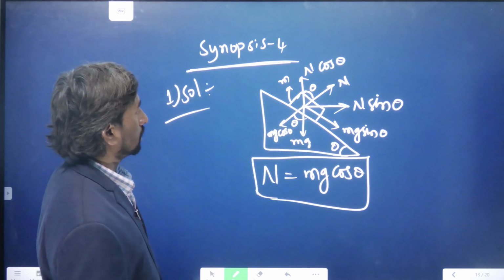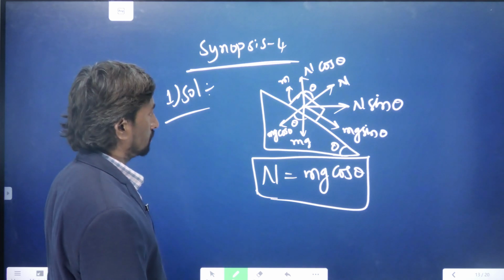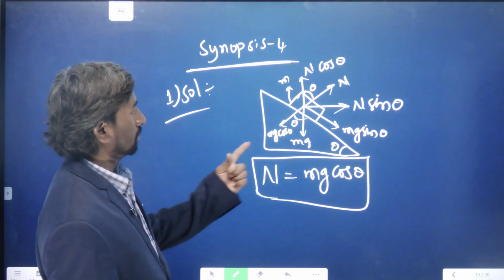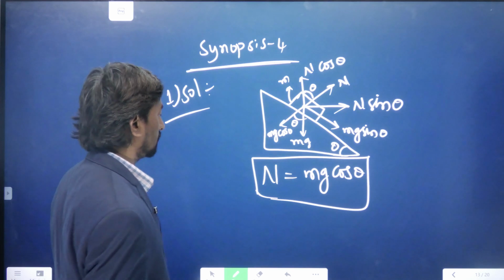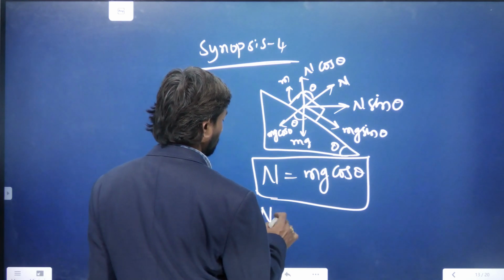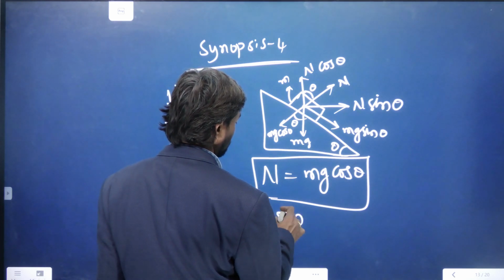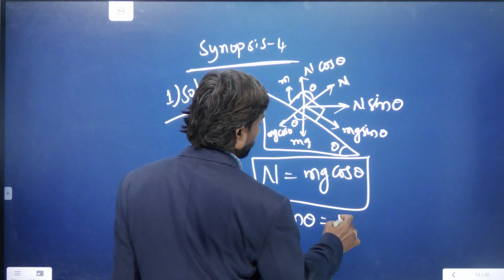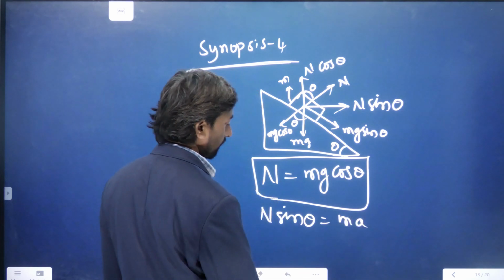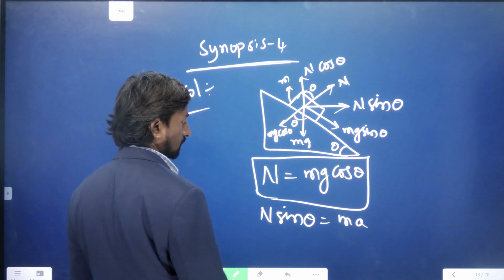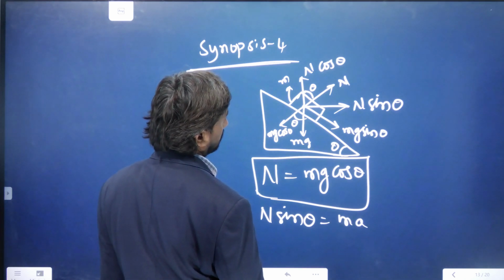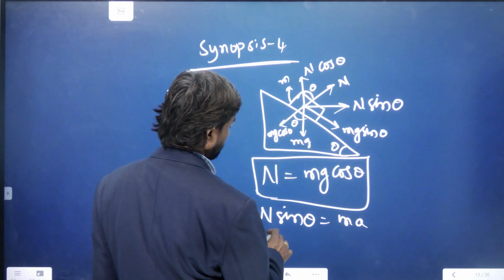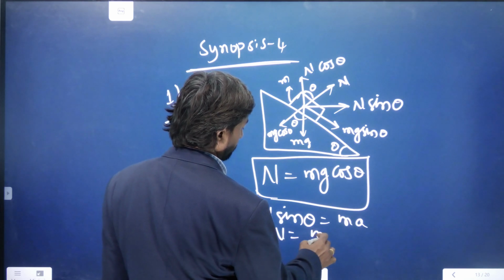Now here, the horizontal force, the block is moving. Then for the horizontal force we can write N sin theta is equal to m into a. Now from that we can write the normal reaction N is equal to ma by sin theta.